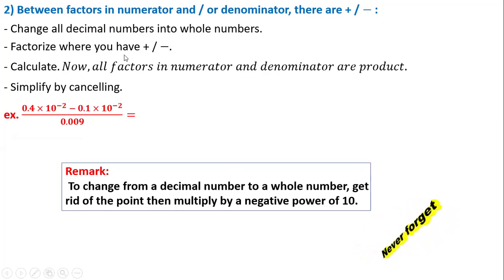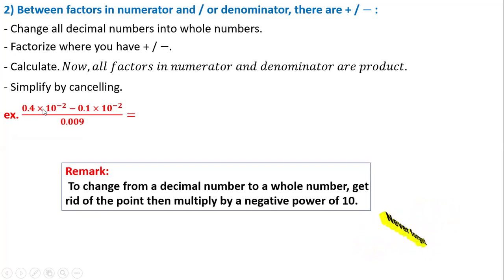After that, where you have a plus or minus in the numerator or in the denominator or in both, you will factorize. You remember factorizing from last year? We should find a common factor in the numerator and we divide both terms by the common factor. After that, we calculate the parentheses. Now, after this, all the factors in the numerator and denominator become a product, so we can start simplifying by canceling.